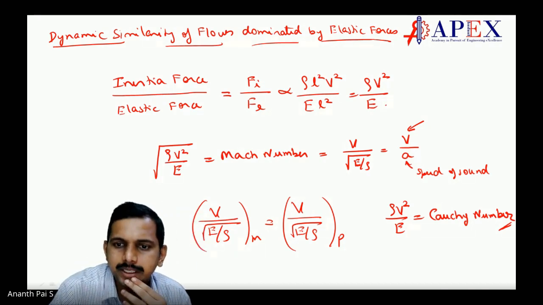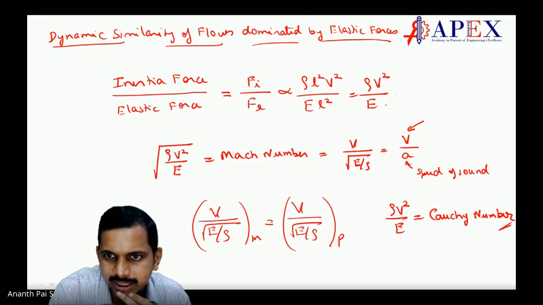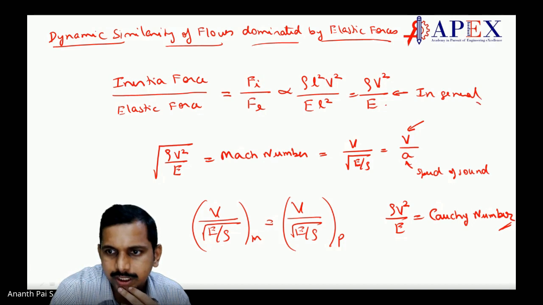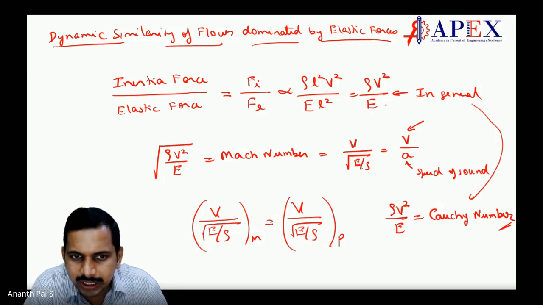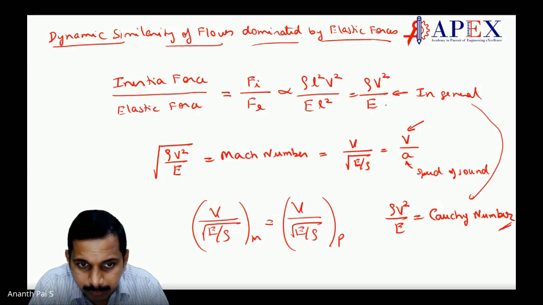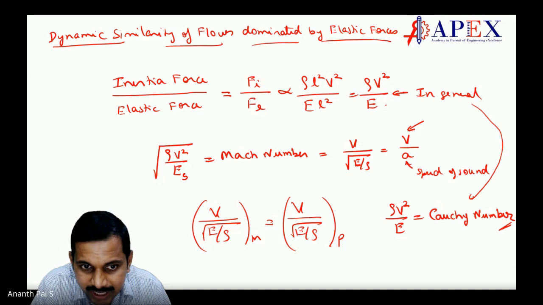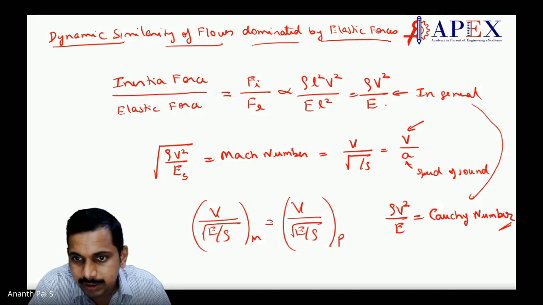Keep in mind here it's important that this is in general. In general, we go with Cauchy number. But what is this E? This E has to be Es, which is isentropic. Very important. Sound is related to isentropic bulk modulus.